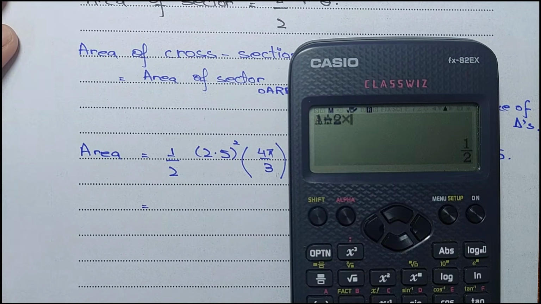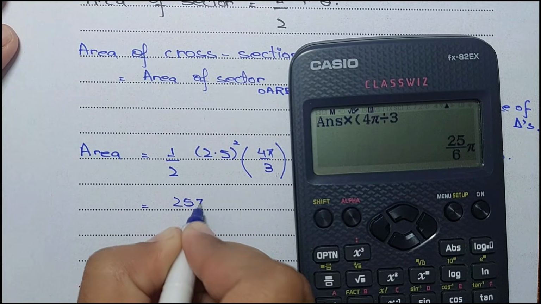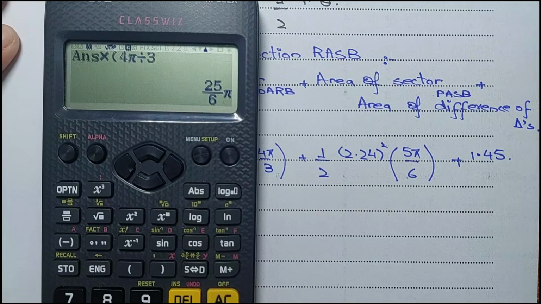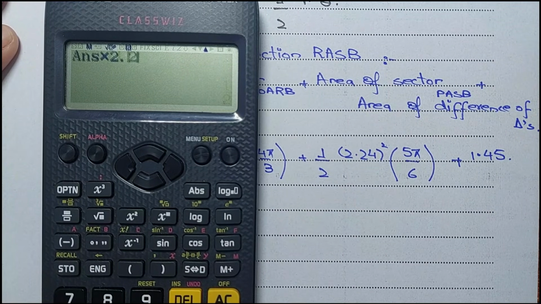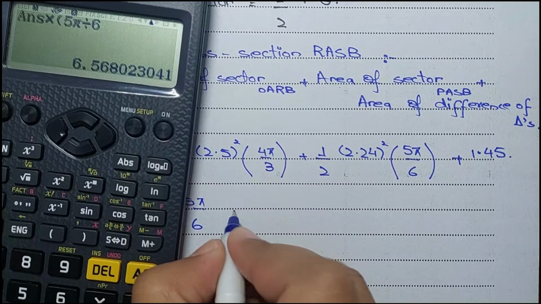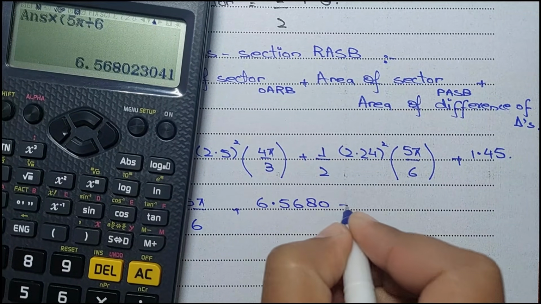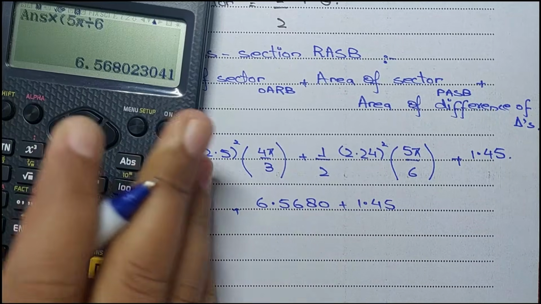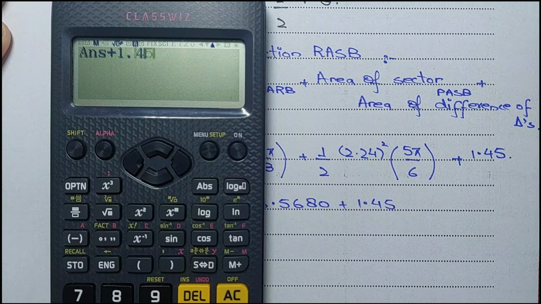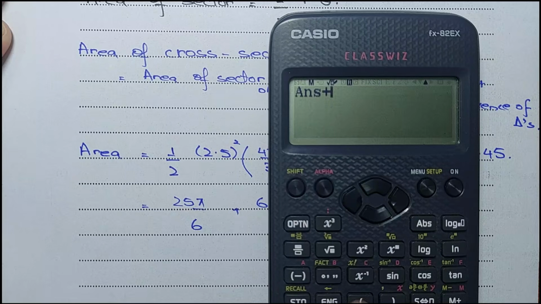1/2 times 2.5 squared times 4π/3 is 25π/6. The other one is 1/2 times 2.24 squared times 5π/6. This is 6.5680. Plus 1.45, add this up with 1.45 and add up with 25π/6.